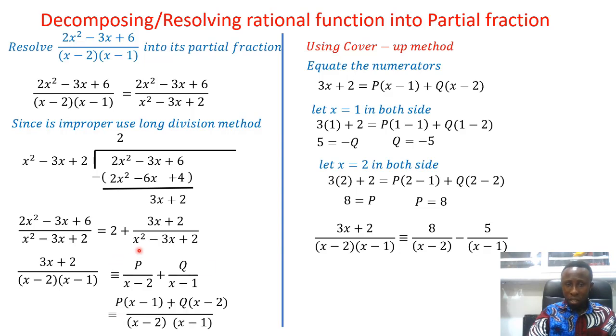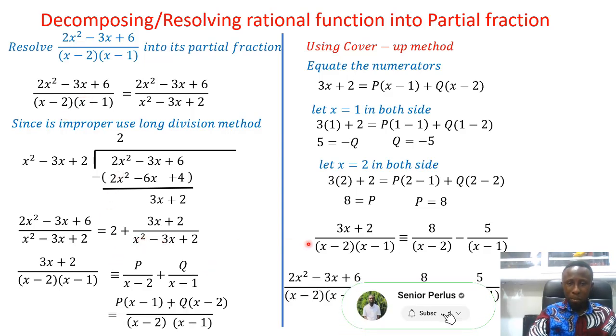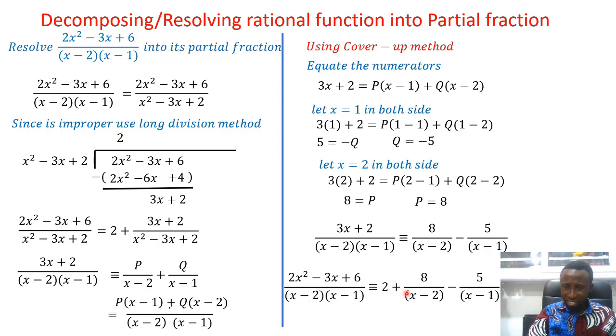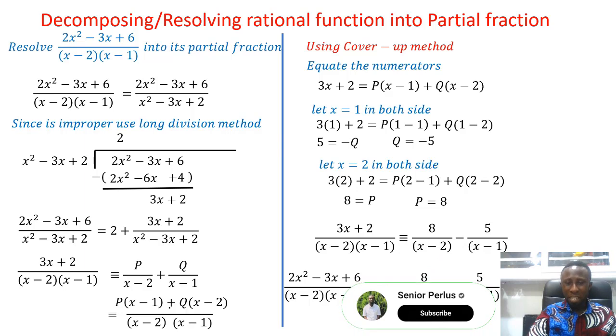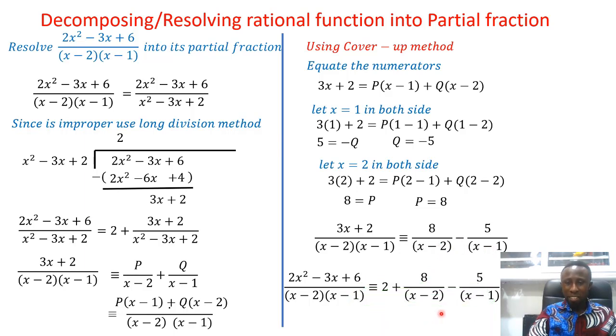But the main question is this, so we are solving s squared minus 3s plus 2 over... The answer is 2 plus 8 out of s minus 2 minus 5 out of s minus 1. Because the sign here is negative, that's why it's negative here. Okay, so we write it in a tidy manner. So this is our answer.